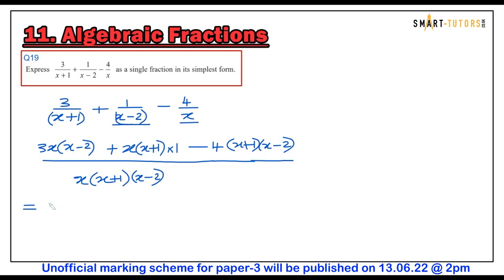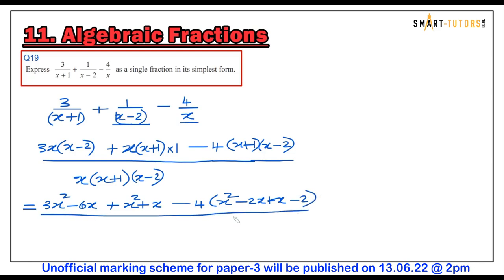Now I need to simplify. 3x times x is 3x squared, minus 6x, plus x squared plus x, minus 4. We need to expand this one: x squared minus 2x plus x minus 2, over x plus 1, x minus 2.